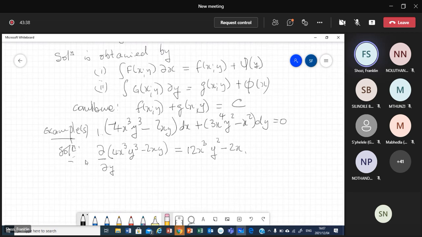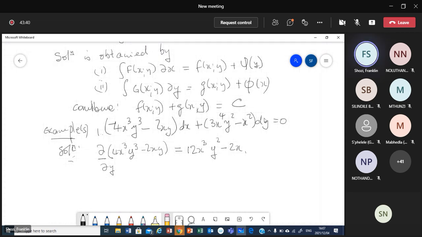And again, take your g term, which is this, and take the partial derivative of 3x to the power 4 y squared minus x squared with respect to x. What is the answer? Differentiate with respect to x now. The derivative there, y squared is a constant. That will be 12x cubed y squared minus, with respect to x, 2x. You can see that these two are the same, then the DE is exact.